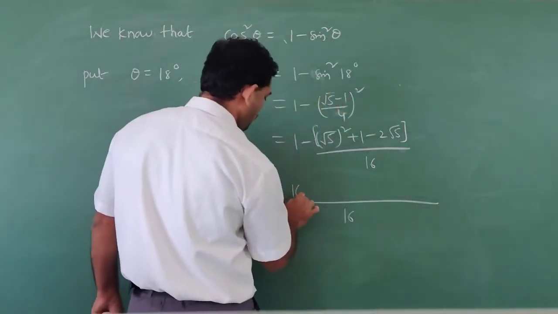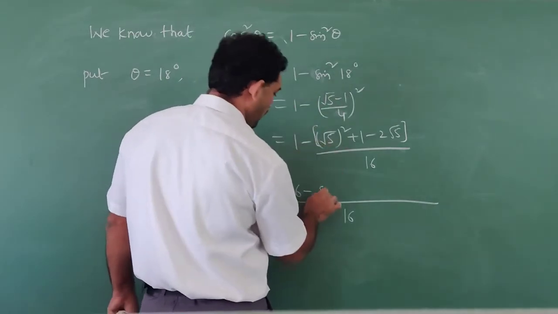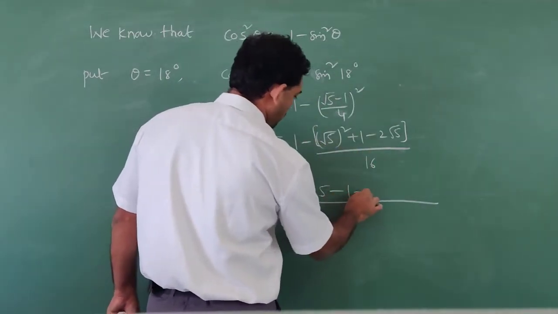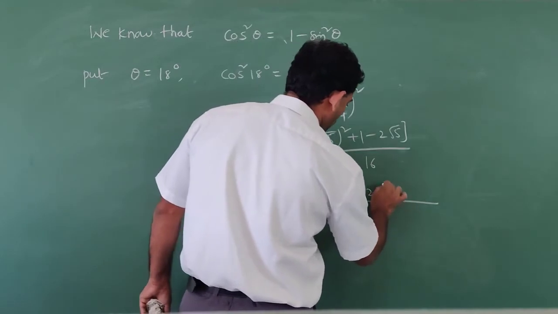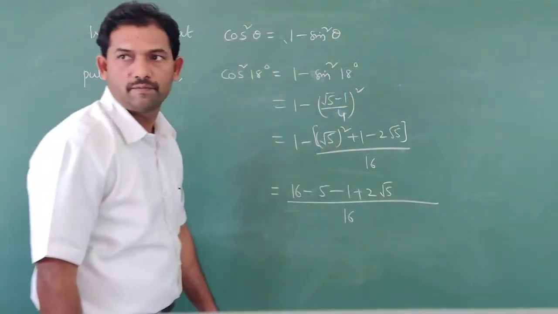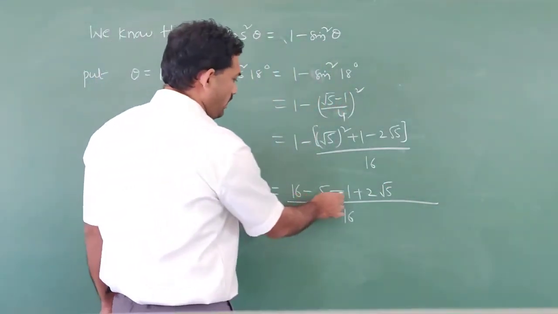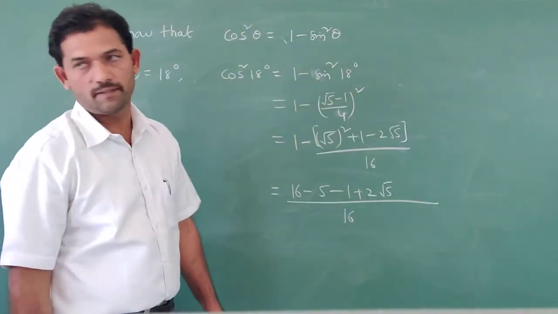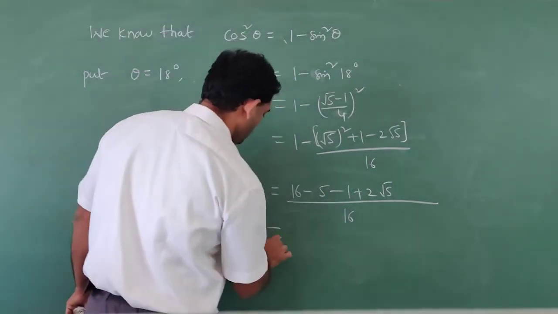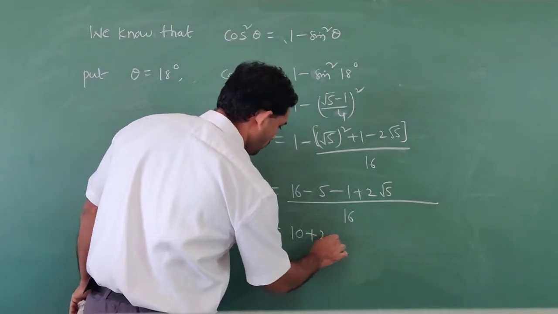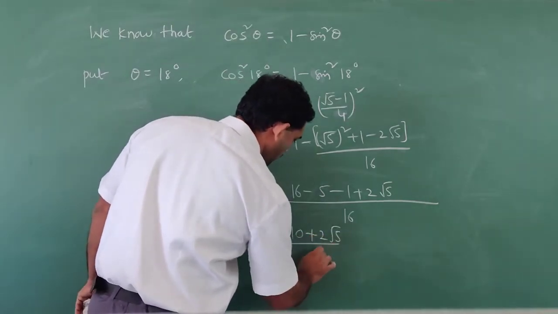So (16 minus 5 minus 1 plus 2 into root 5) divided by 16. 16 minus 6 plus 10, so that is 10 plus root 5 divided by 16.